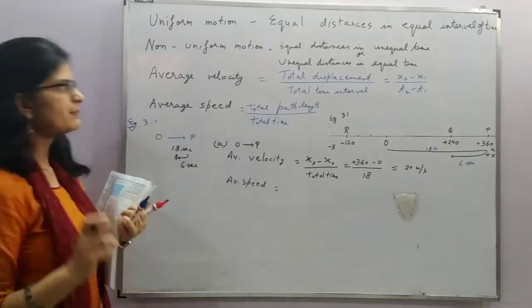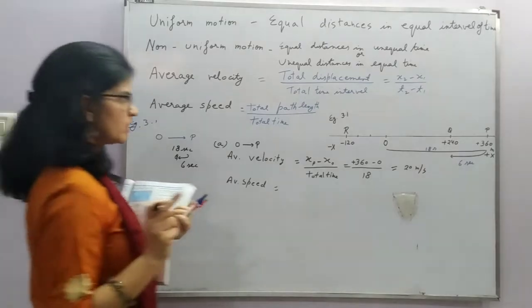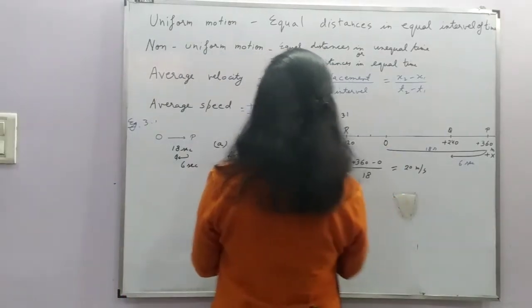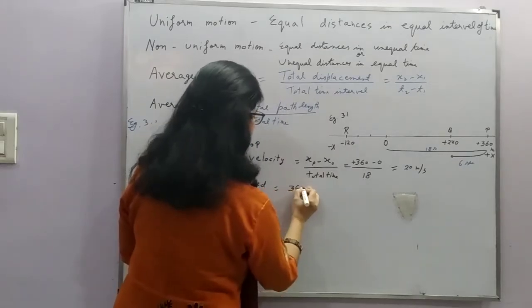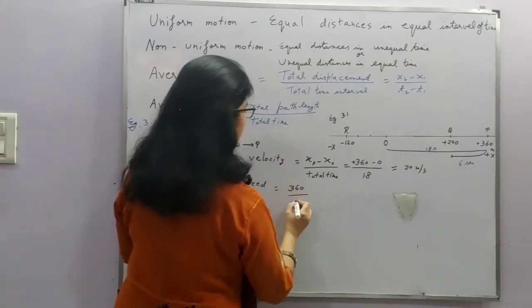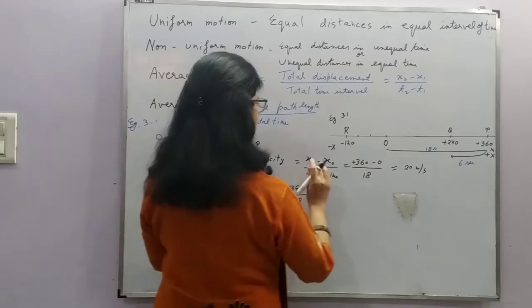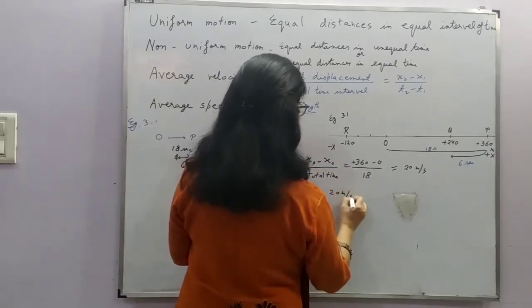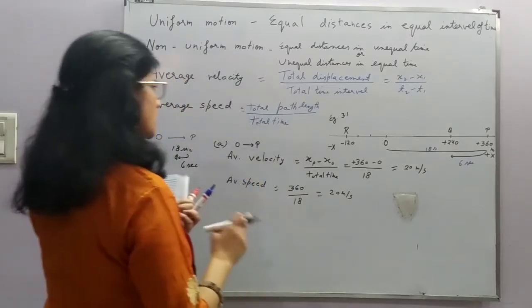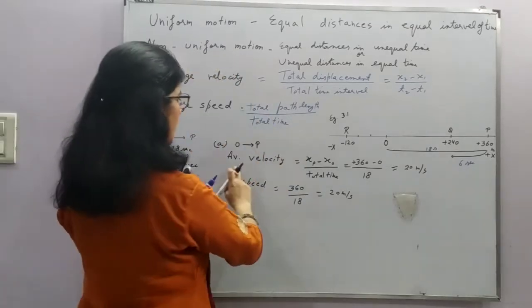The total path length upon total time. The total path length from O to P is again 360, and total time is 18 seconds. So this will again give us 20 meter per second.